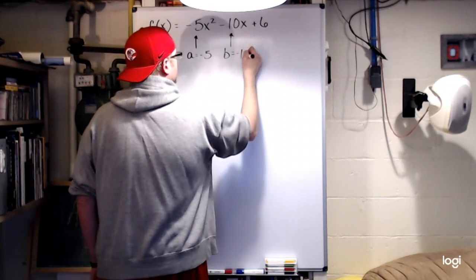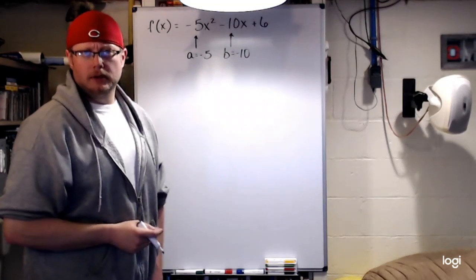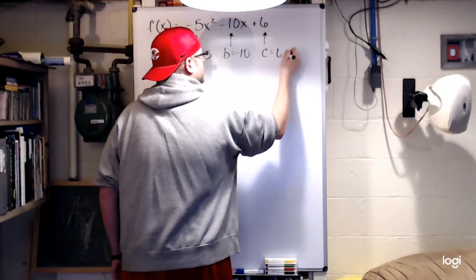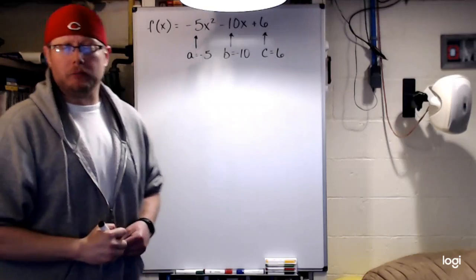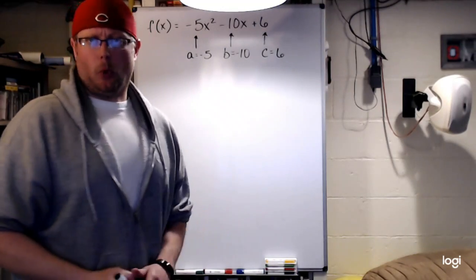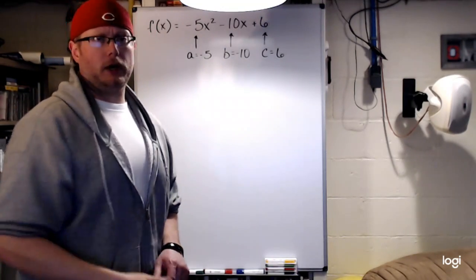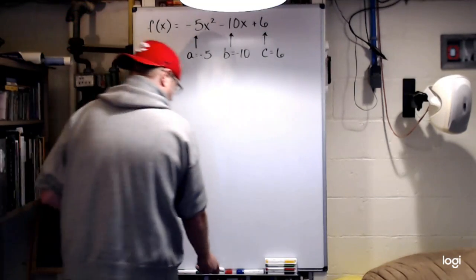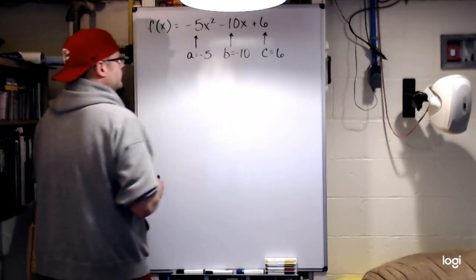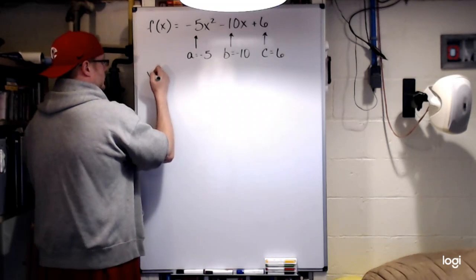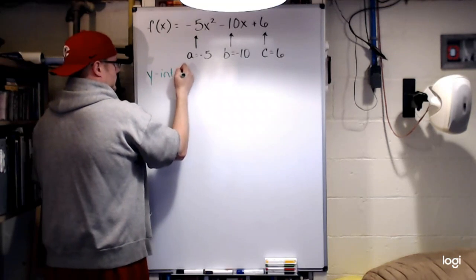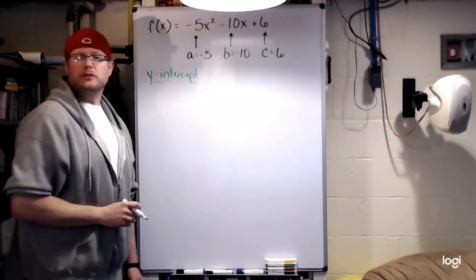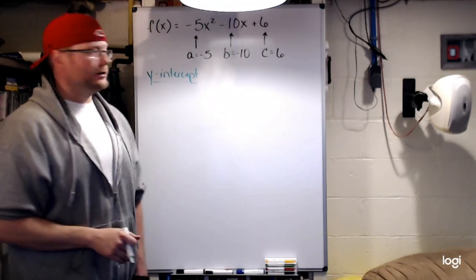B is going to be negative 10, and C is 6. Now once again, I mentioned C is not that important yet. It'll be more important as we get through more things involving quadratics. So, y-intercept. To find your y-intercept, you plug in 0 for x in the function.